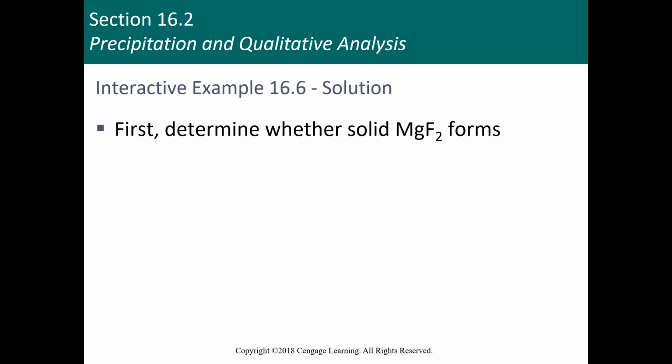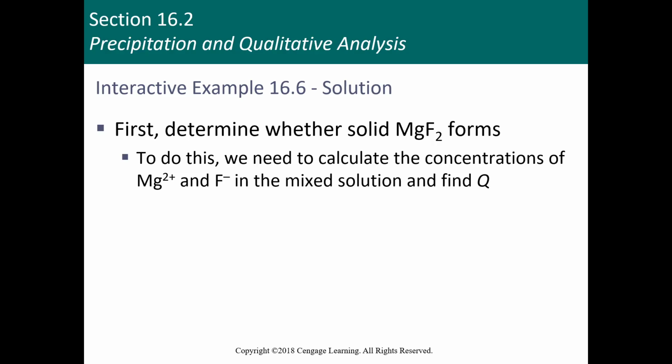So let's determine whether the solid MgF2 forms. And notice that when we do the work for finding Q, we're actually doing all the work we're going to need later on as well, because that KSP expression is the same sort of thing as our expression for Q, isn't it?